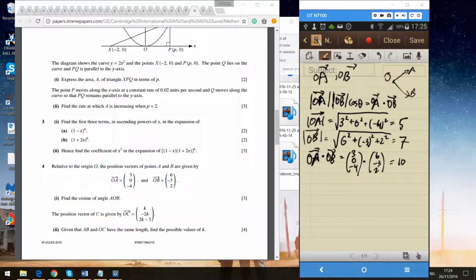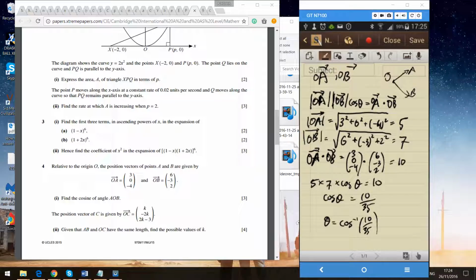So now plugging these numbers into the equation, 5 times 7 times cosine theta is equal to 10, and cosine theta is equal to 10 over 35. Now theta is just the inverse cosine of this, and you can plug this into your calculator to get the angle between them.